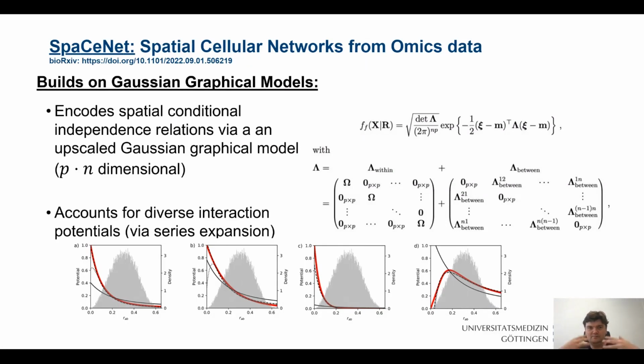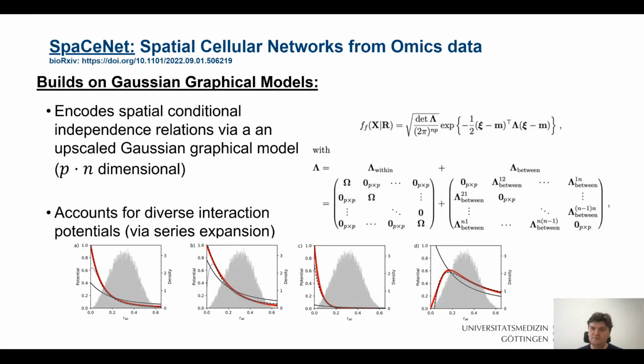And that's through observing this again and again. If I have such an image slide or spatial transcriptomics data where I really have individual cells with their location, then I observe cells many, many times with different distances, different locations, and that allows me to estimate these relationships.